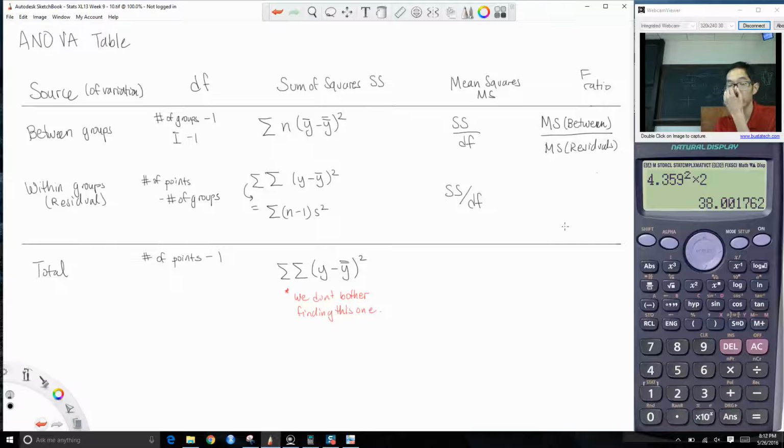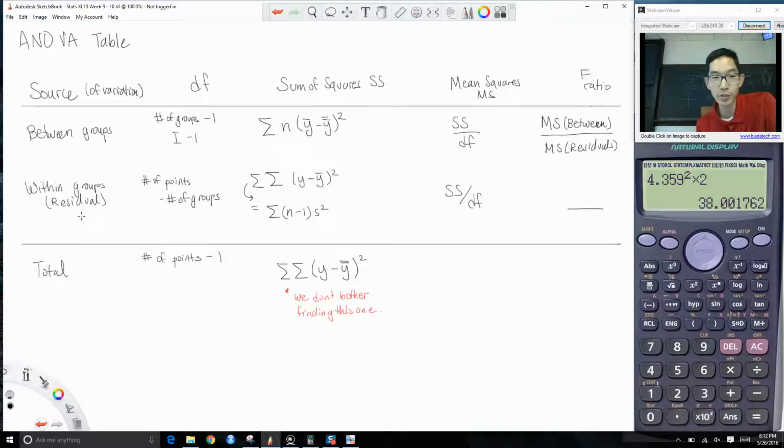There's no F ratio for the residuals themselves, because it would just be 1. You're always comparing whether the variance attributable to the source of variation, the fact that the groups are different, is large compared to the variation that exists between the residuals. Is that so far so good?